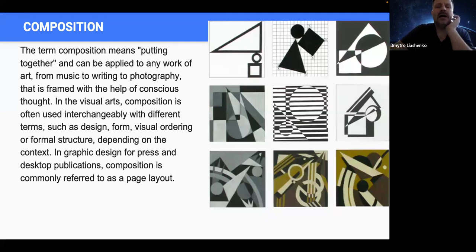In visual art, composition is often used interchangeably with different terms such as design, form, visual ordering, or formal structure, depending on the context. In graphic design for press and desktop publications, in computer graphics, composition is commonly referred to as a page layout.